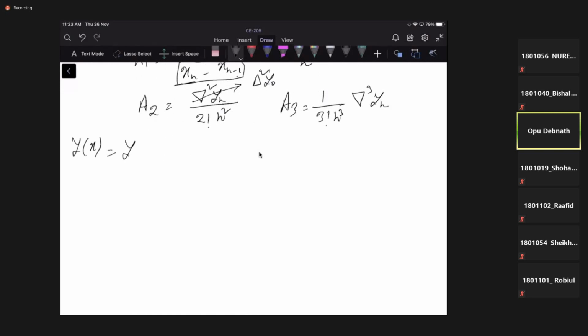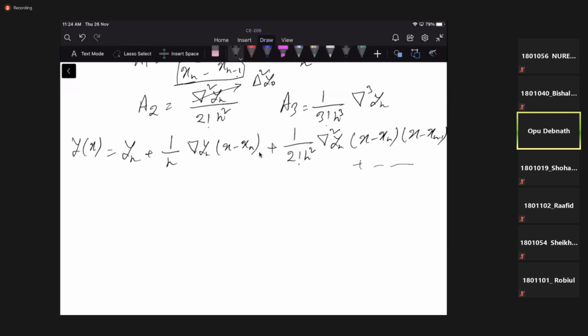This will be yn plus 1 by h nabla yn (x minus xn) plus 1 by 2 factorial h square nabla square yn (x minus xn)(x minus xn minus 1), and so on.